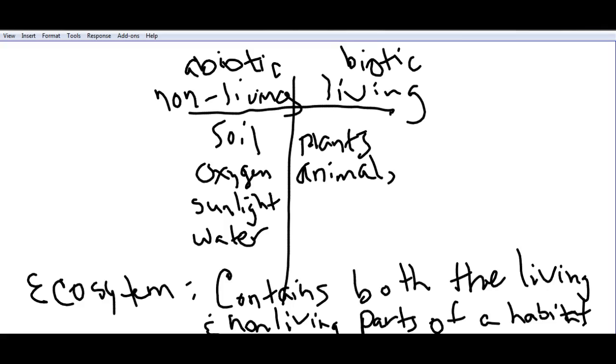And then you had things that were not living. And so pretty easy stuff to start with, but we're really concentrating in on understanding the definition of ecosystem, and we're also really focusing in trying to get used to using words like abiotic and biotic, and we'll talk more about those when we go through our notes together.